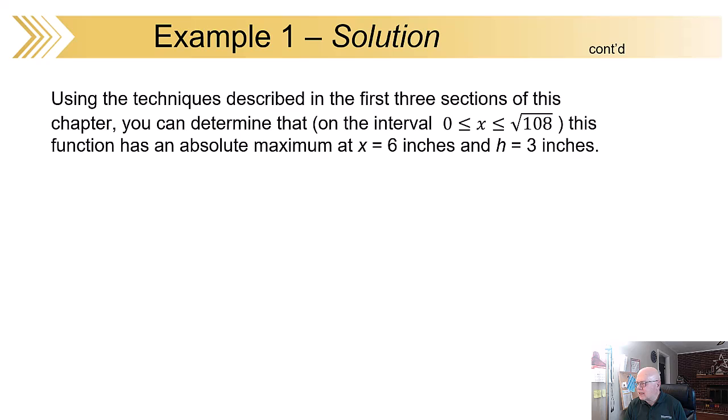Using that and taking the derivative dV/dx, and then setting that equal to 0, you get two possible x's, 6 and, by extension, h equals 3. So there is your maximum volume for using 108 square inches for your box.